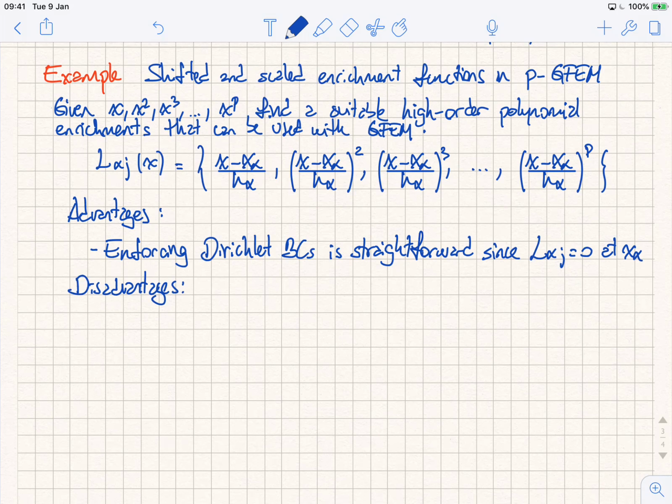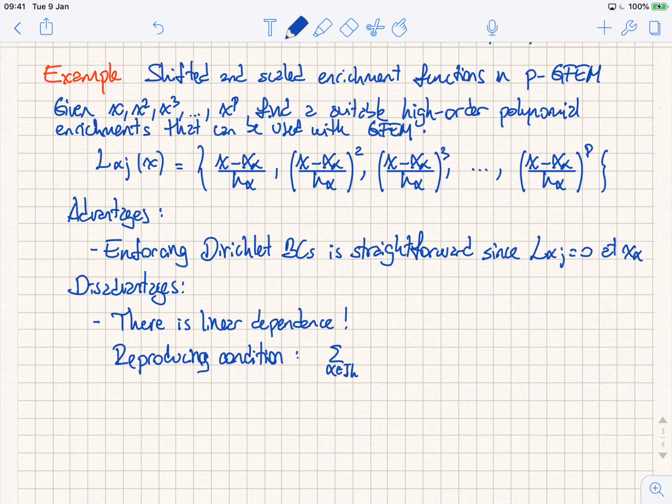and we discussed a little bit about this. There is linear dependence. If we look back at what we wrote earlier about our reproducing condition, the sum of x alpha u alpha is equal to x.